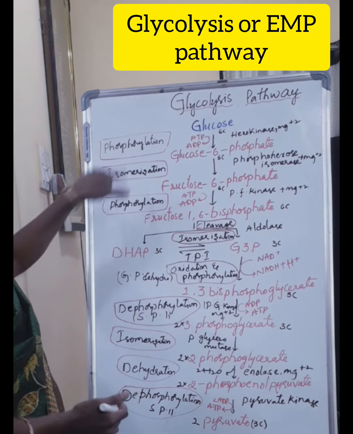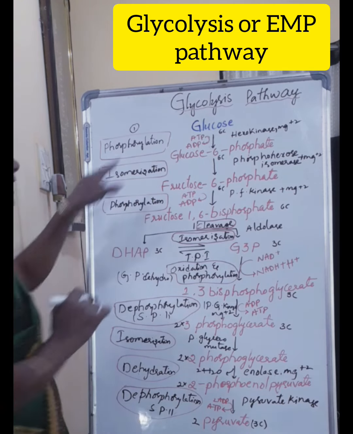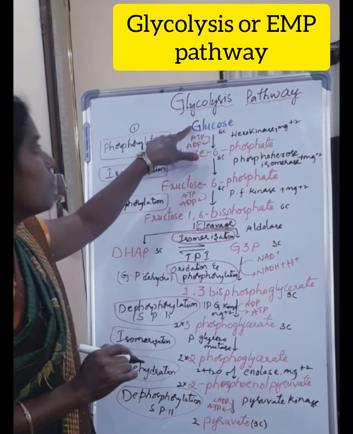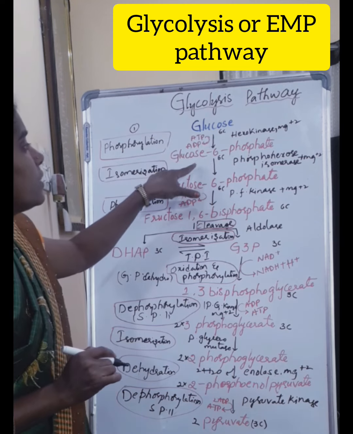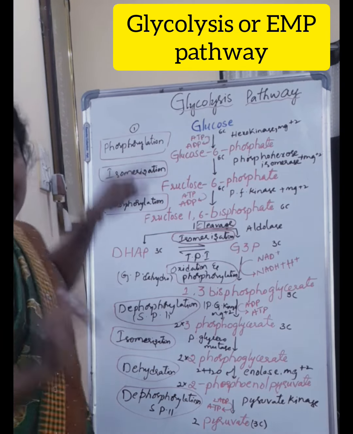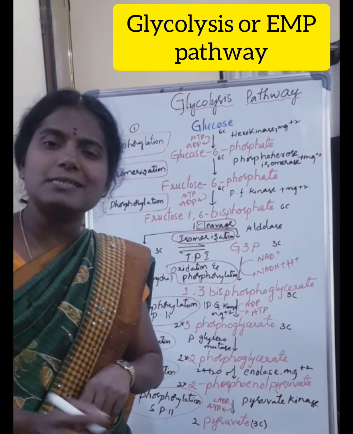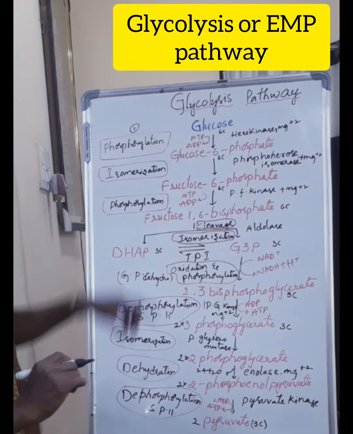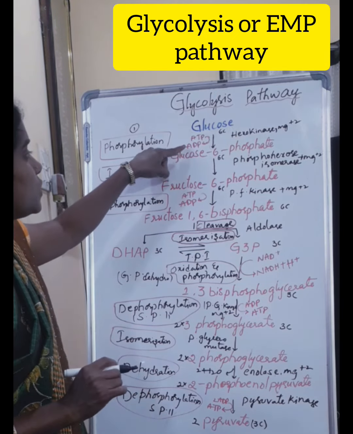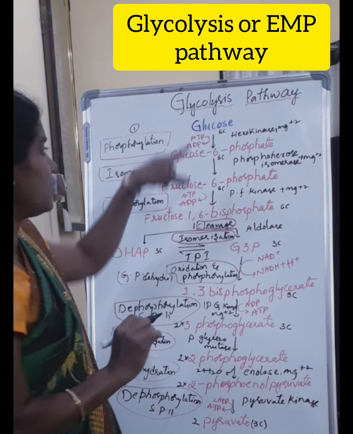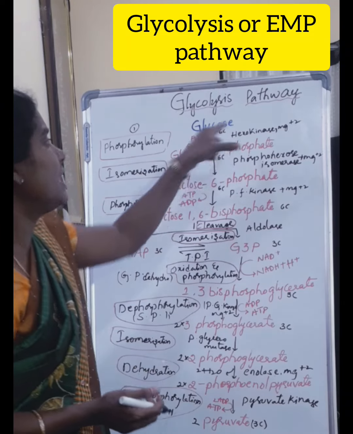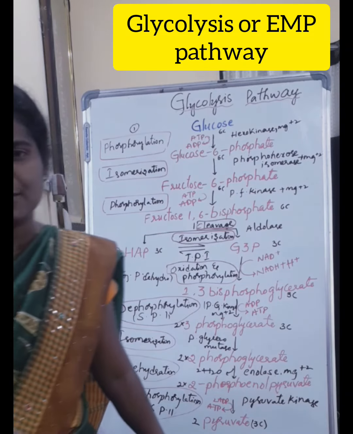The first step is phosphorylation. By the process of phosphorylation, glucose converts into glucose 6-phosphate. Phosphorylation means the addition of phosphate. Here one ATP gives rise to ADP, and that phosphate is utilized for the conversion of glucose to glucose 6-phosphate with the enzyme hexokinase and Mg2+ ions.